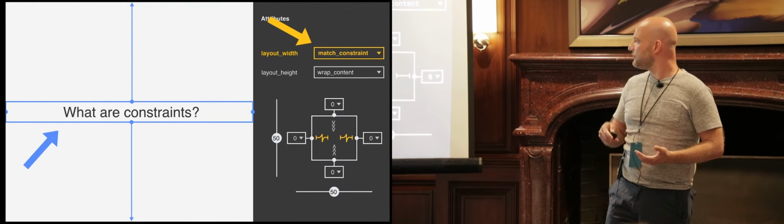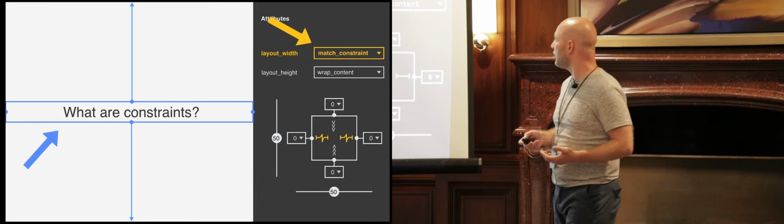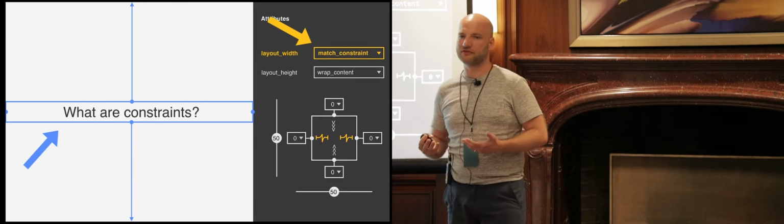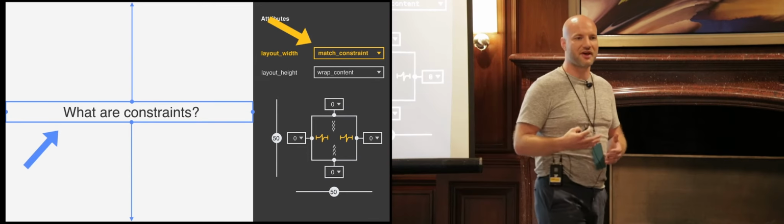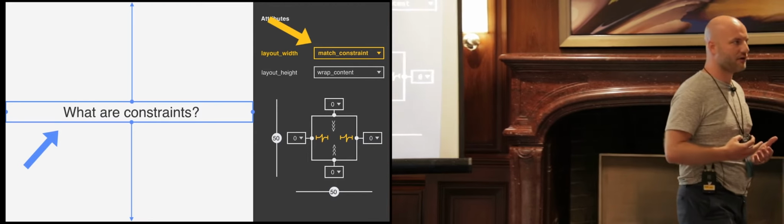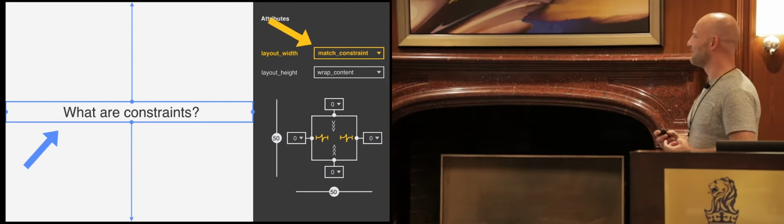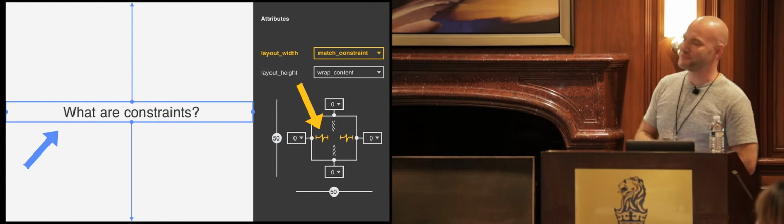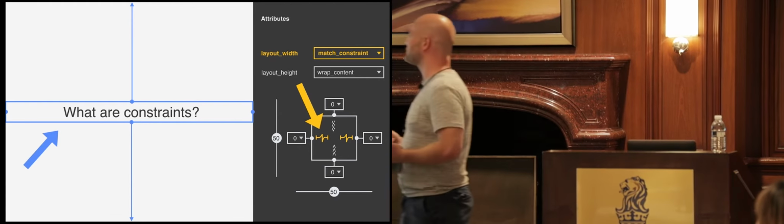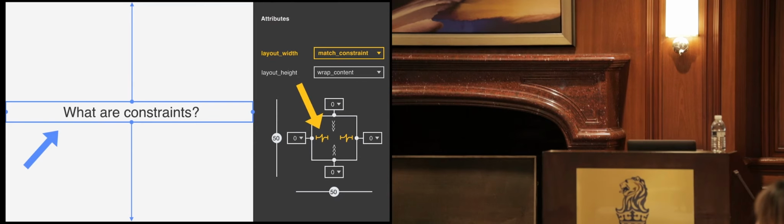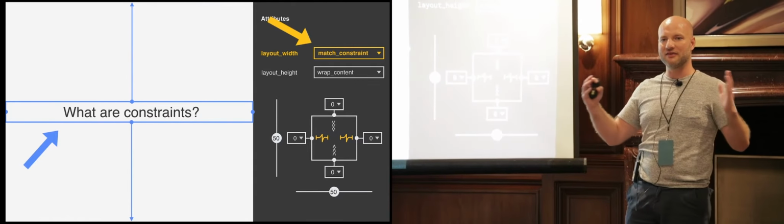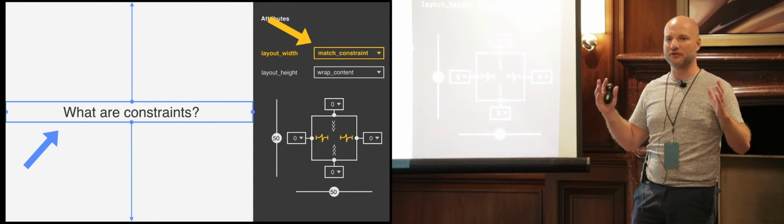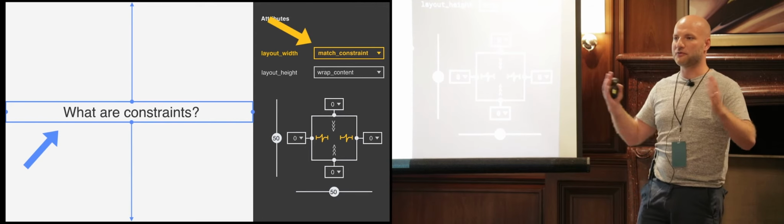Now, where this gets interesting with constraint layout is we can also change that to match constraints. And what match constraints means, it's almost the same thing as match parent, but it's a little bit different. So what it says is, I would like to expand this view to fill the entire area that's allowed by my constraints.